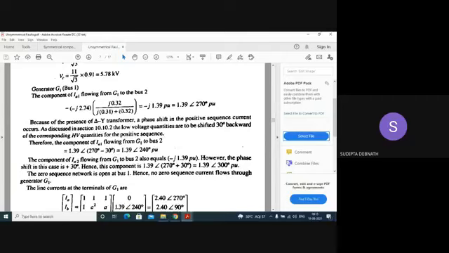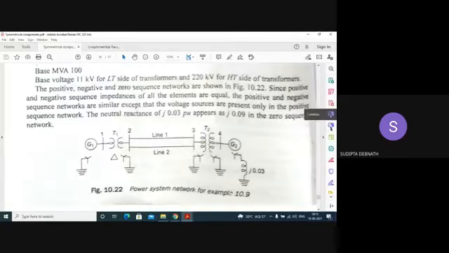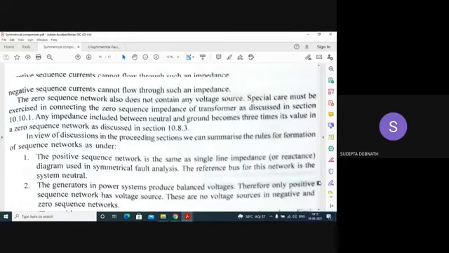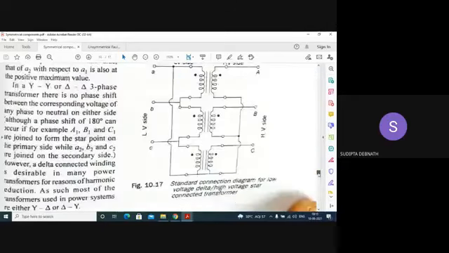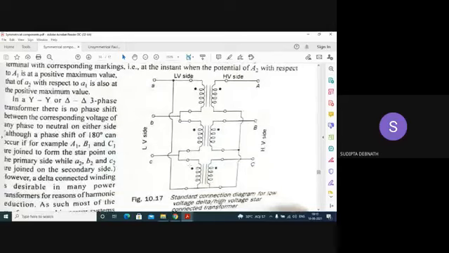But as it is a delta star transformer, there will be some phase shift. Let us again go through the phase shift problem, then it will be easier for you to understand. What we found in the last class is that for a delta star transformer, the delta side means the small letters.